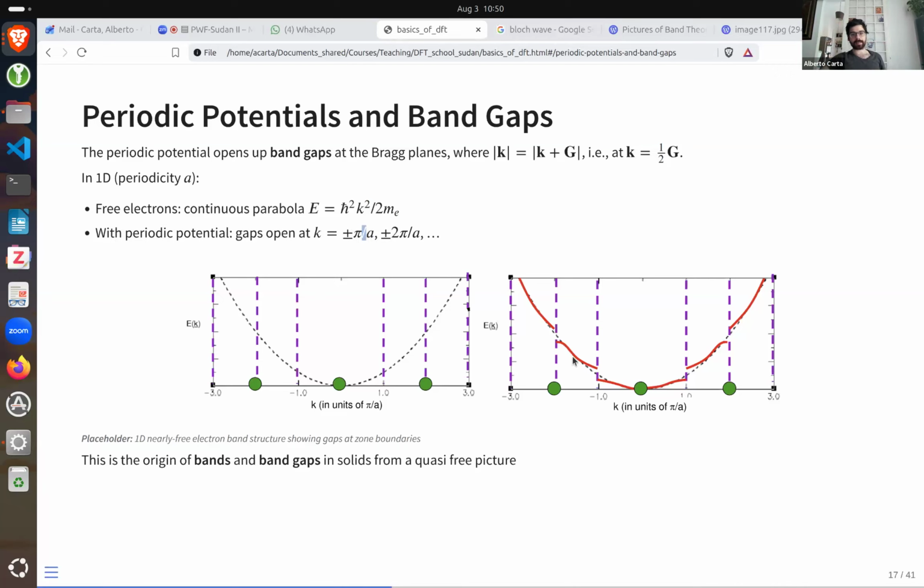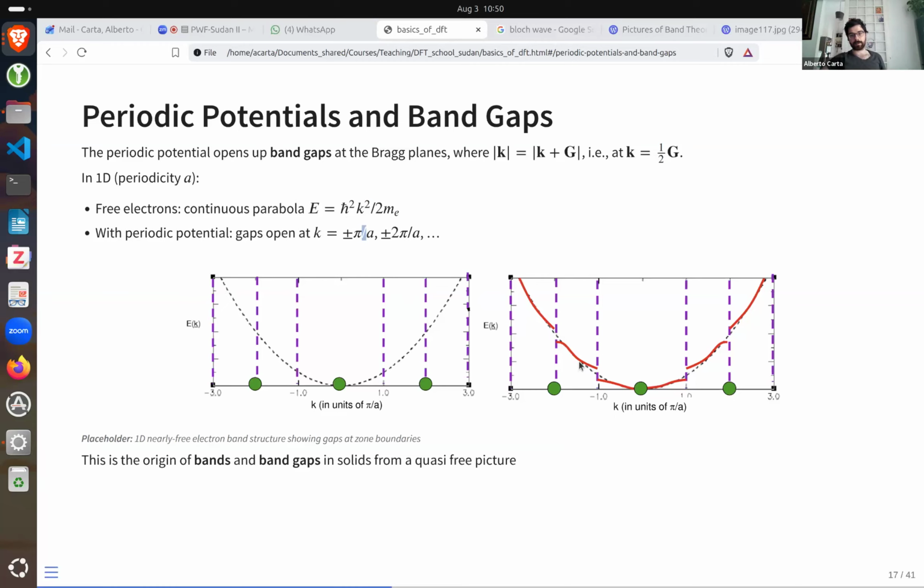So you will see here in red is basically what happens. The dashed line is the free electron dispersion, and as you introduce the periodic potential, this splits.